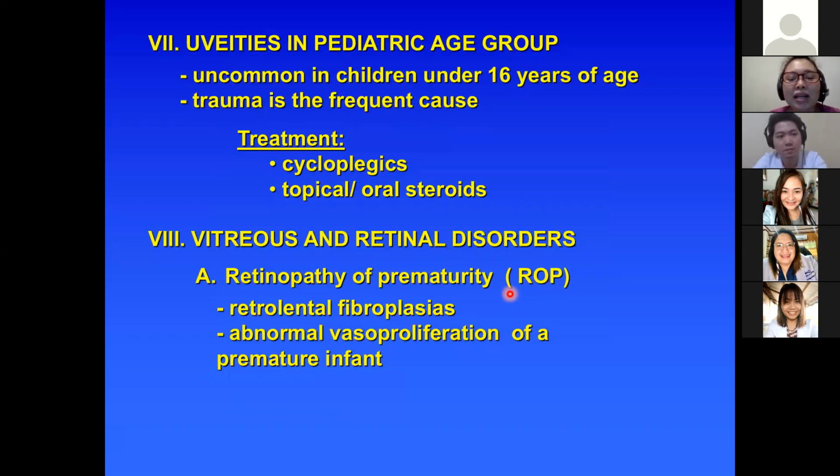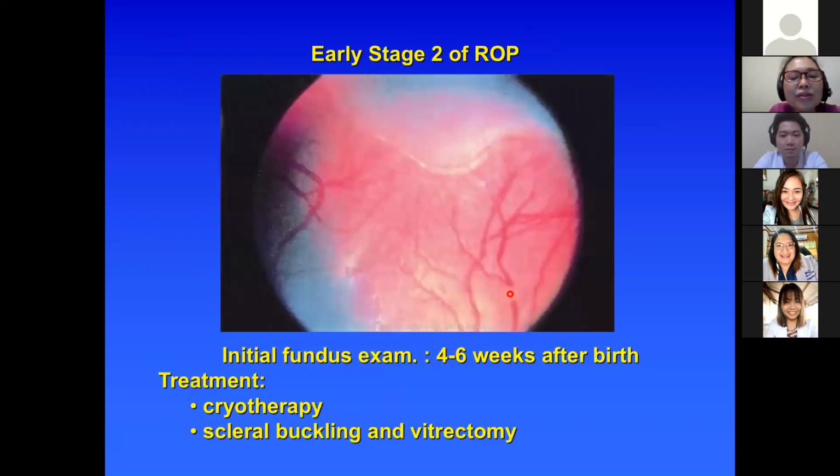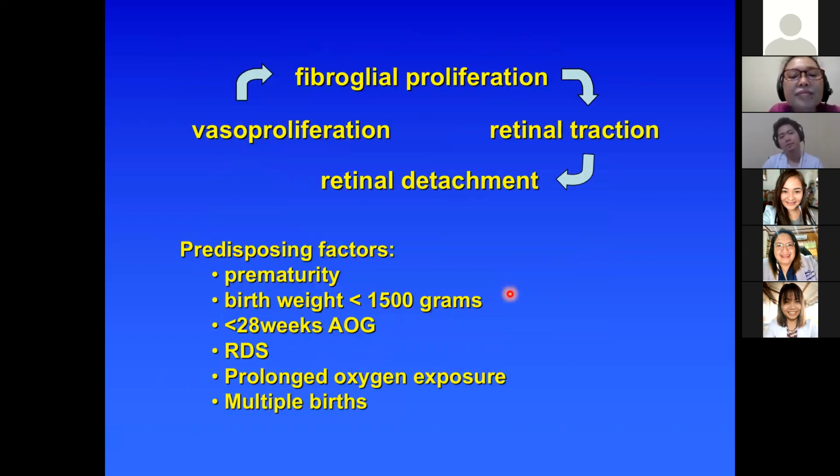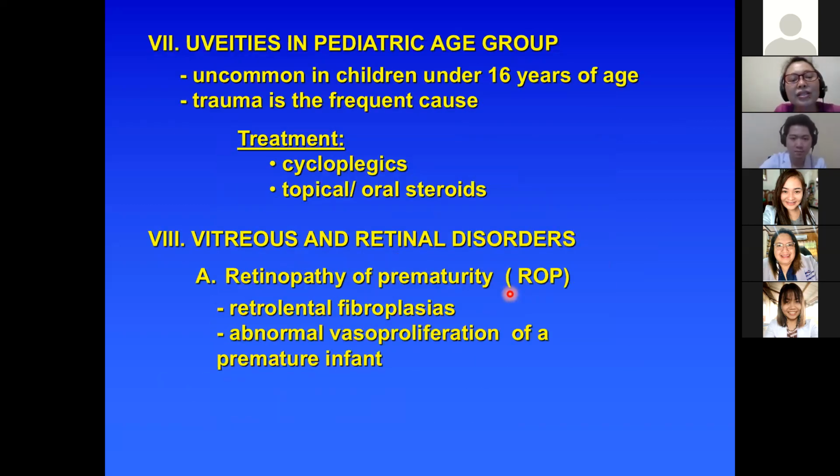Now, your ROP. Retinopathy of prematurity. You used to call that retrolental fibroplasia in pediatrics. It is retinopathy of prematurity now.